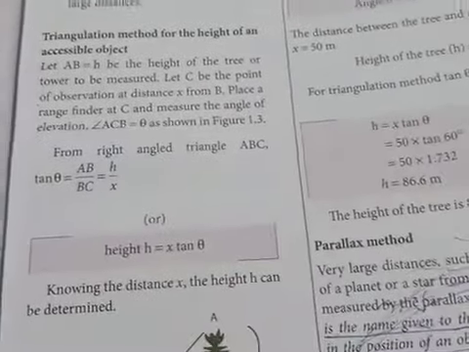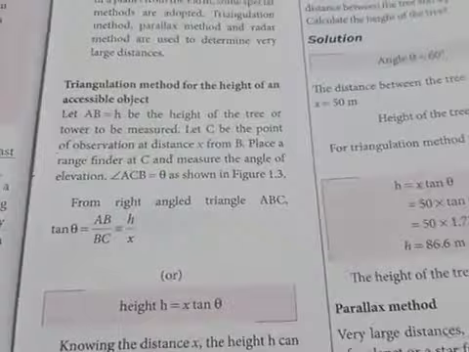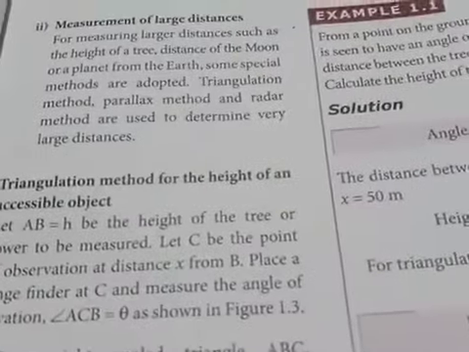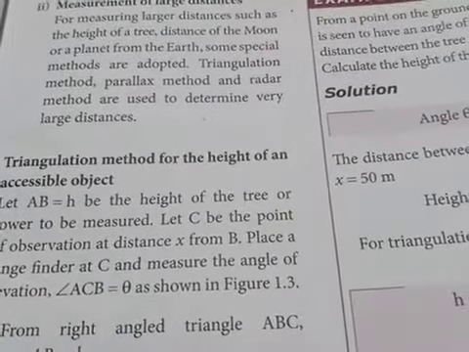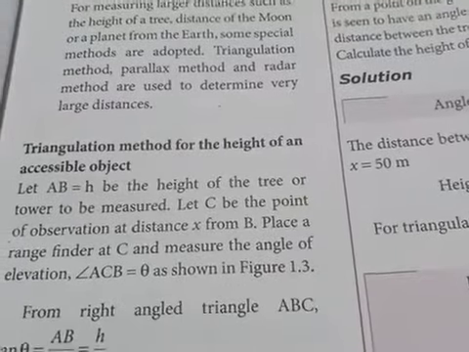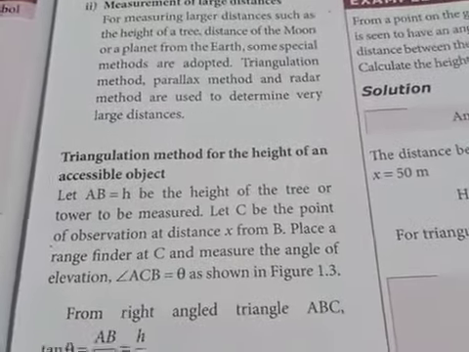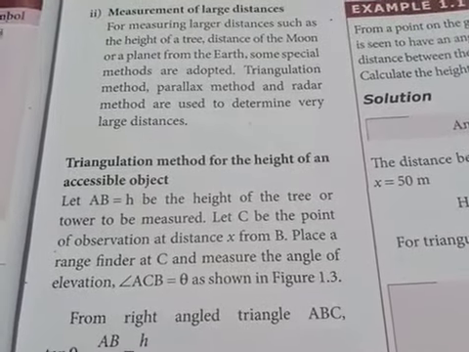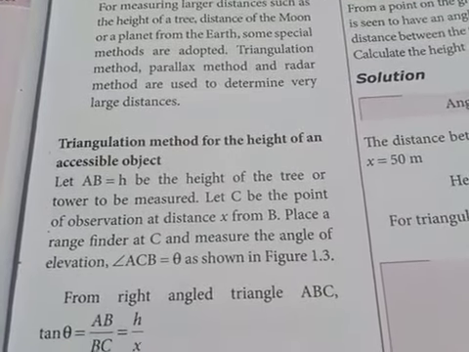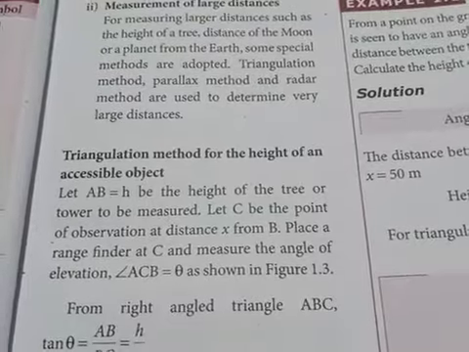So the next thing is the measurement of largest distance. For measuring larger distances, such as the height of a tree, we want to measure the height of a tree. By just seeing the tree, it is not possible to measure its height.